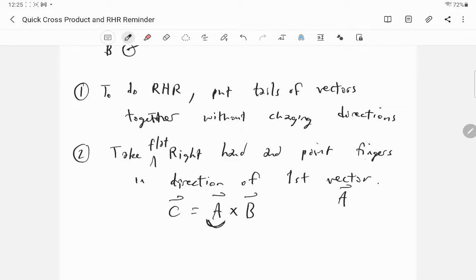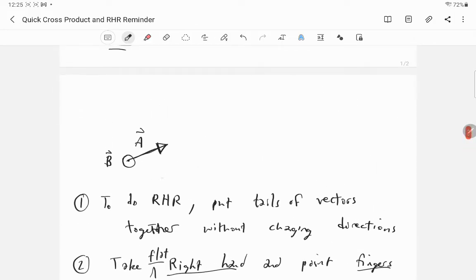So we want to put the fingers of our flat right hand in the direction of A. So in that case, here is a flat right hand. I could imagine taking my right hand, here are the fingers, and here is the thumb, right? You can tell that the thumb is sort of pointed out of the screen and the fingers are pointed along the direction of A.